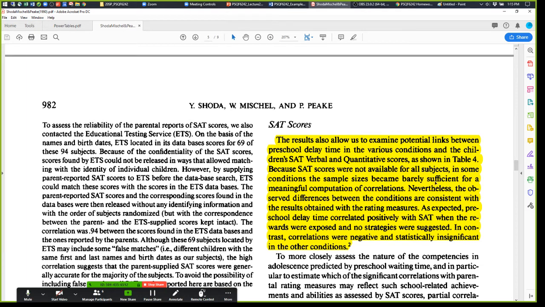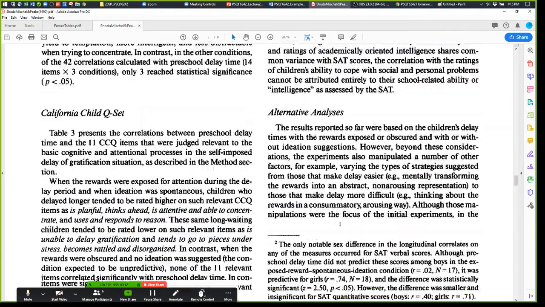The observed differences between conditions are consistent with the expected. Preschool delay time, so the amount of time that they were able to delay eating the marshmallow, correlated positively with SAT scores when the rewards were exposed and no strategies were conditioned. Otherwise, it didn't correlate. That's not actually what happened.